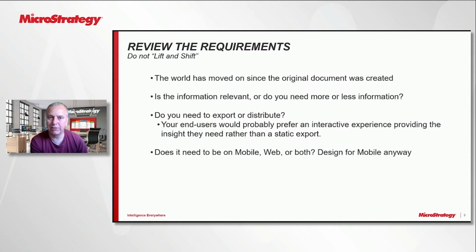If my finger is too big to interact with this dashboard, say on a tablet, then you're probably cramming too much information onto the page, even in your original Report Services document. Think about splitting it into multiple pages. The Dossier allows you to have interactions between pages, so contextual linking between pages in a Dossier. Don't try and show too much at once is a key thing about any interface design.